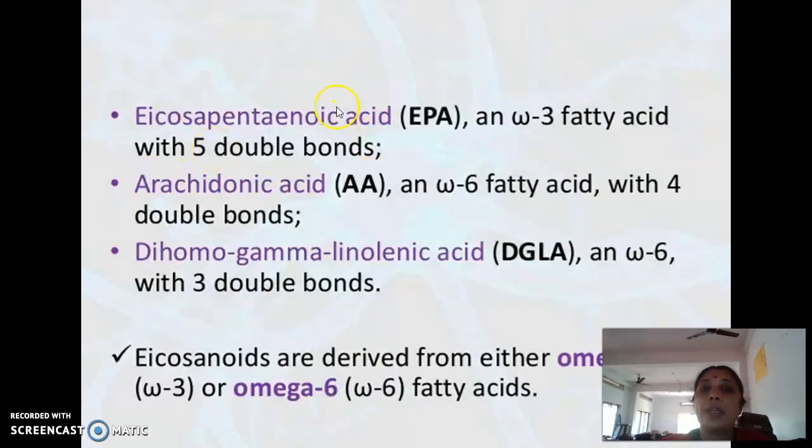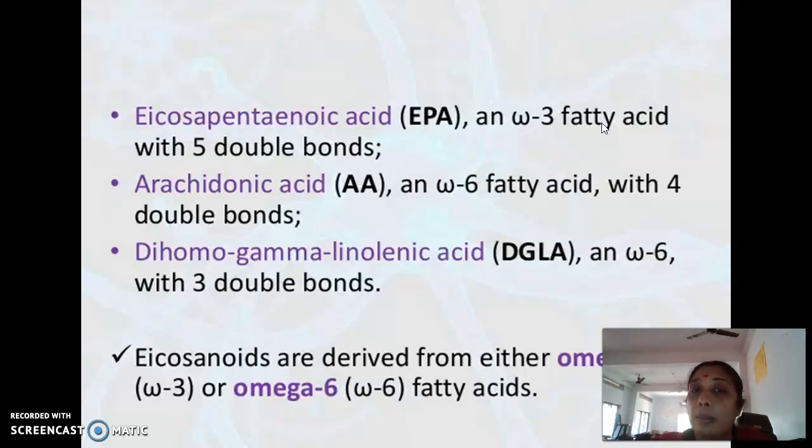Eicosapentaenoic acid, or EPA, is an omega-3 fatty acid with 5 double bonds. Penta means 5, so it has 5 double bonds, and such a compound we call eicosapentaenoic acid. It's an omega-3 fatty acid, which means that counting from the methyl group, it has a double bond at the 3rd position.